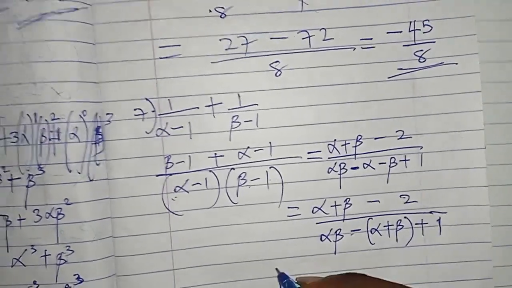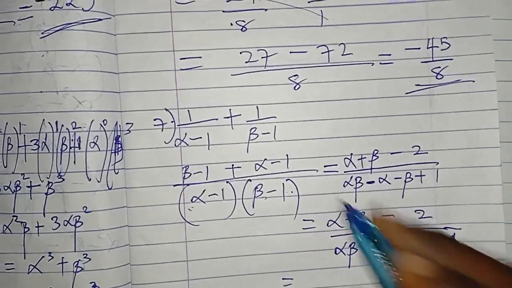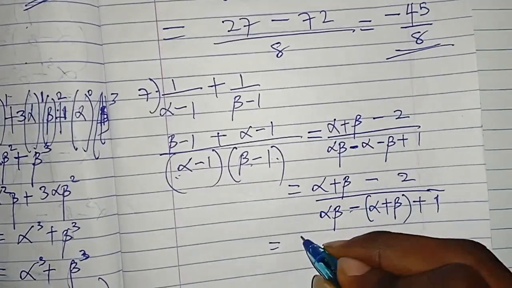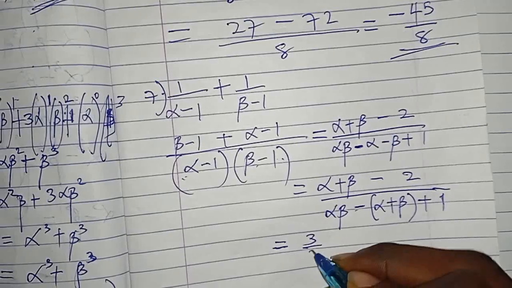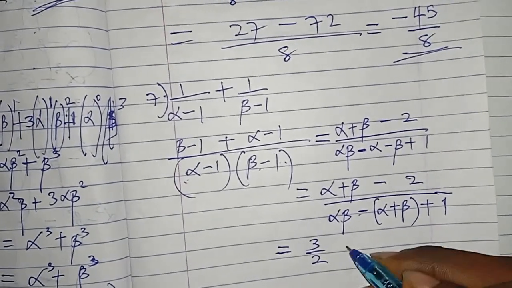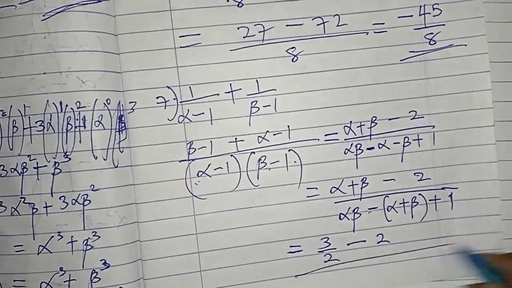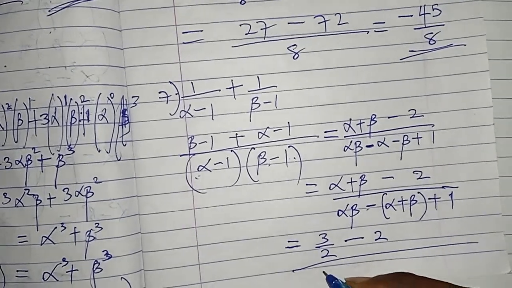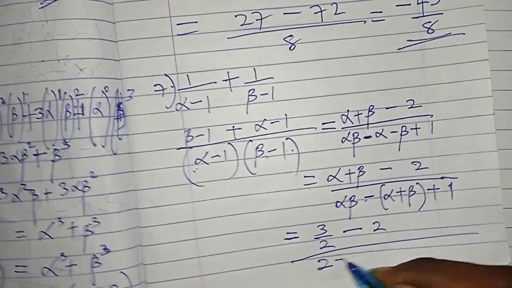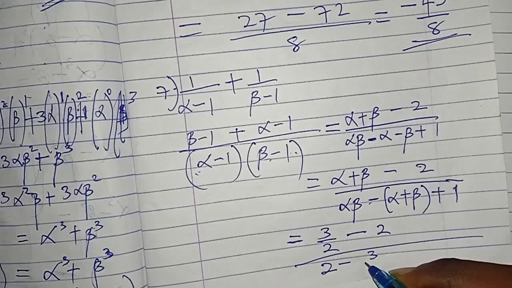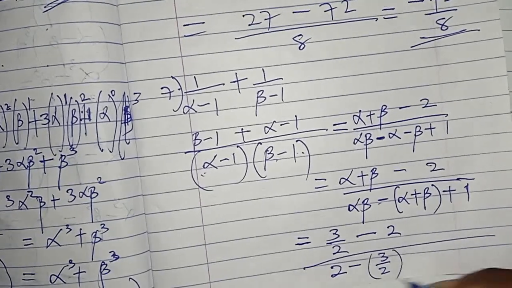So we can now substitute our values. Alpha plus beta is 3 over 2, minus 2, all over alpha beta, which is 2, minus 3 over 2 plus 1.